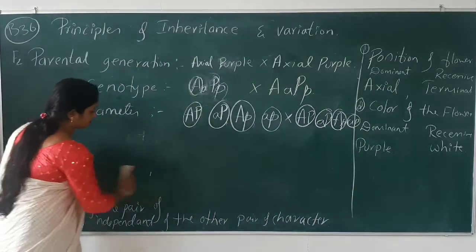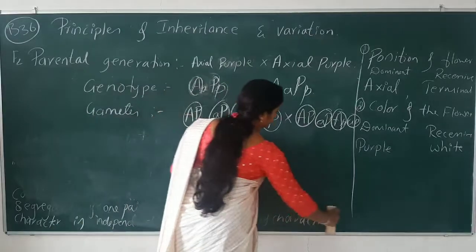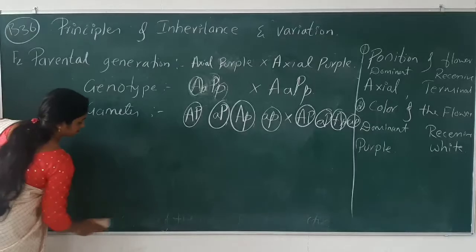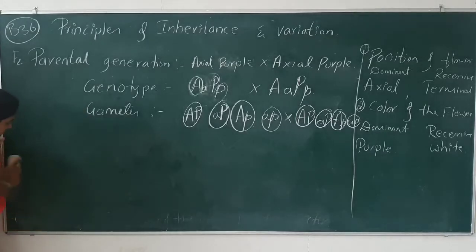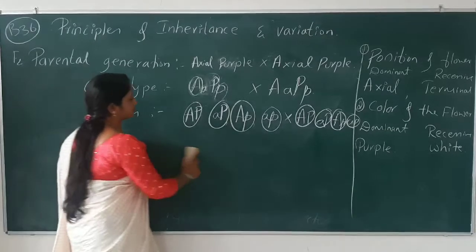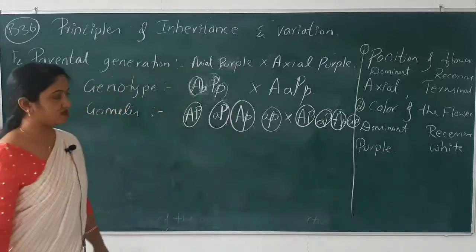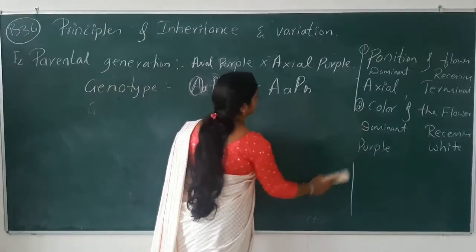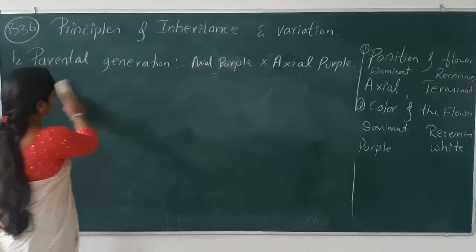or we will see the offspring now. Everything will remain the same, but you have to write by putting the Punnett square. So I will erase this also because I need some extra space to write that Punnett square.